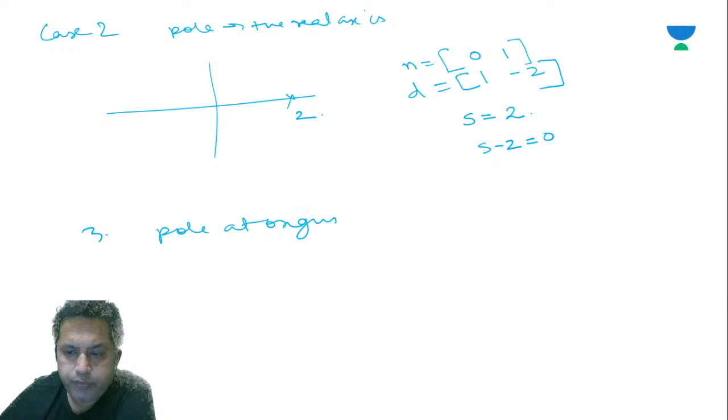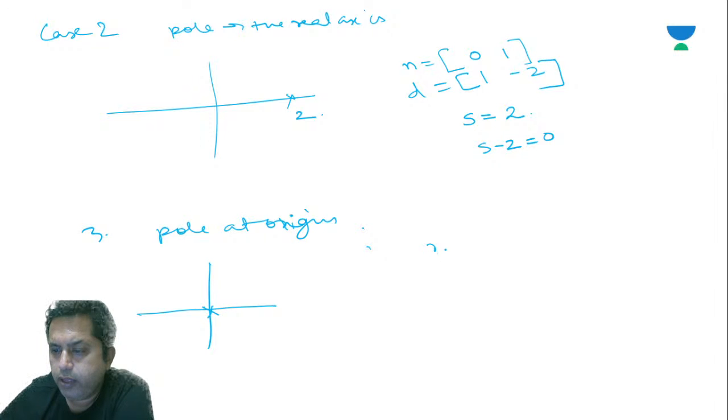Whenever there is a pole at origin, the transfer function will be like 1 by s.